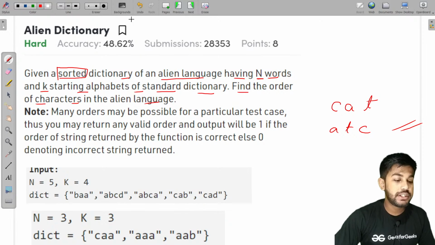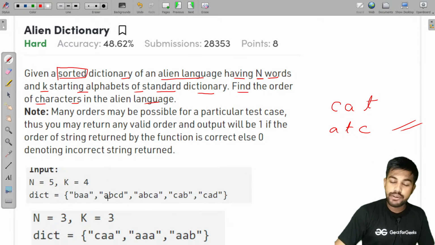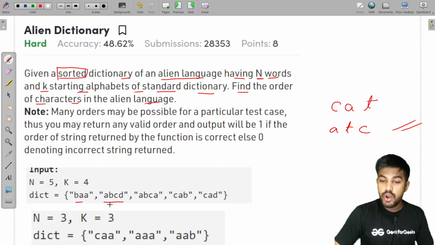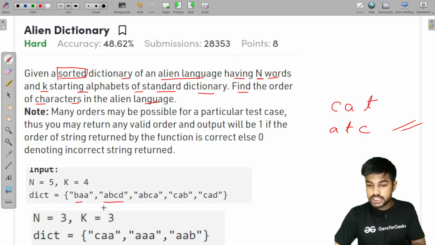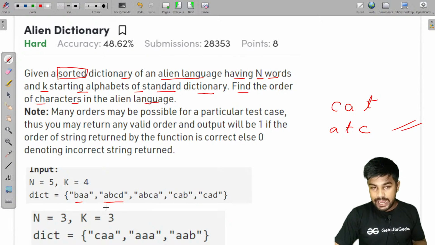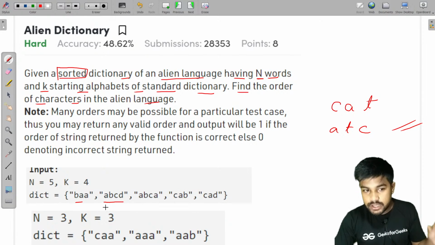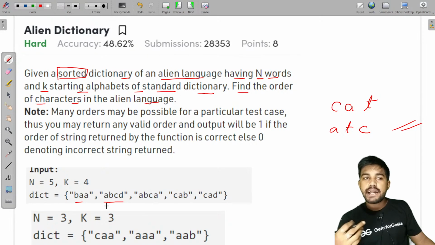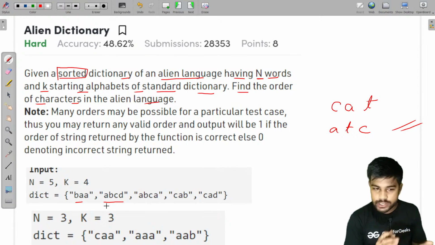I would be telling you with the help of an example. There is BAA and ABCD. What is the normal dictionary order? Dictionary order is that the smaller element would come before the greater element. If I want to find the meaning of a word that starts with the alphabet A, I would start finding at the beginning of the dictionary, not at the end.